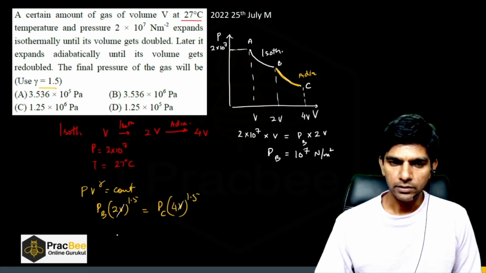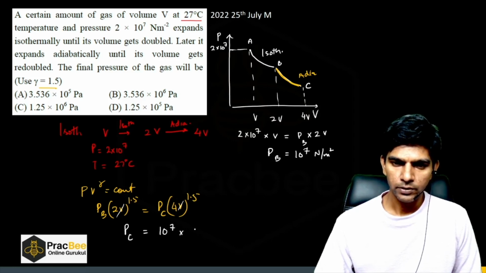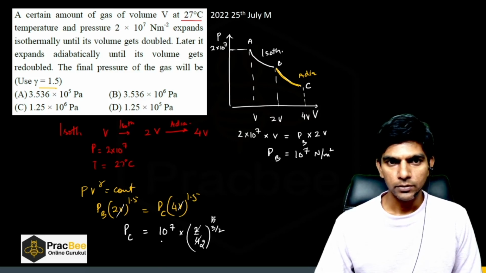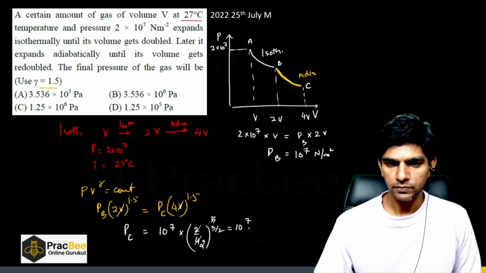and PB is 10 raised to power 7. So we can say PC equals 10 raised to power 7 times (2 by 4) raised to power 3 by 2, right? So this will become 2 root 2 in the denominator. So this will become 10 raised to power 7 divided by 2 root 2, right?